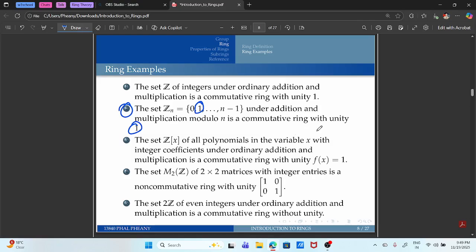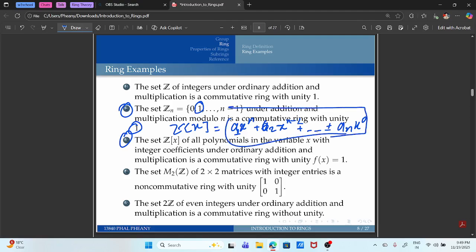Now we move to the third example, the set of polynomials. The form is a0 x to the power n plus a1 x to the power n minus 1 plus a2 x to the power n minus 2 plus dot dot plus an x to the power 0. This is the form of a polynomial.